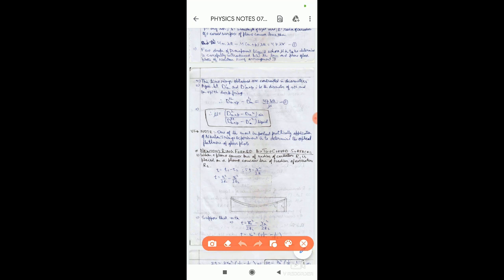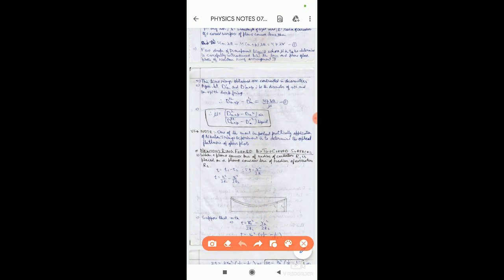So by using the above relations, equations 1 and 2, we get the value of the refractive index of the transparent liquid introduced between the plane glass plate and the plano-convex lens. So μ = (D²_(n+p) minus D_n² in air) upon (D'²_(n+p) minus D'_n² in liquid).